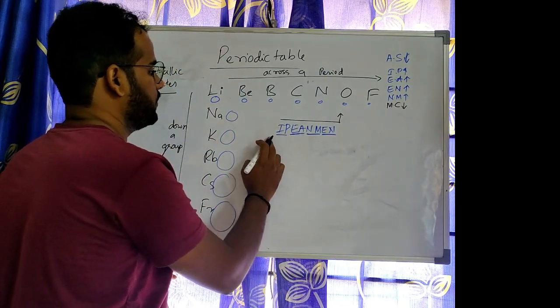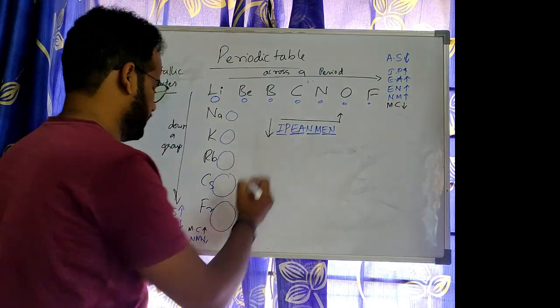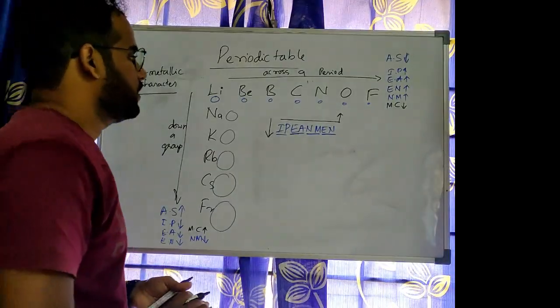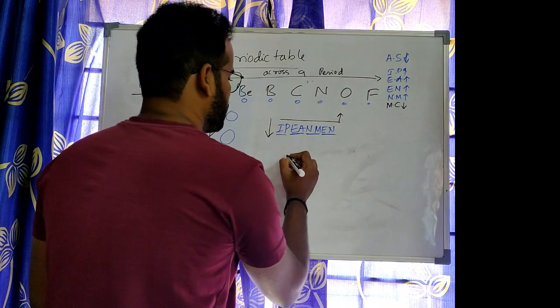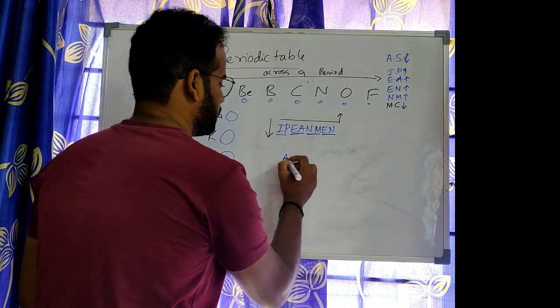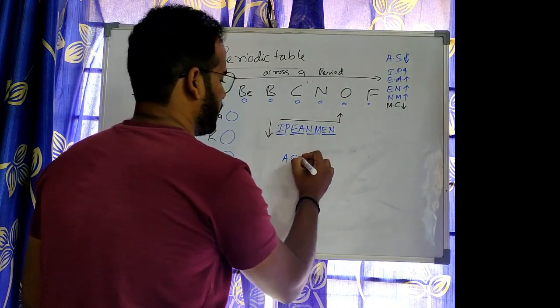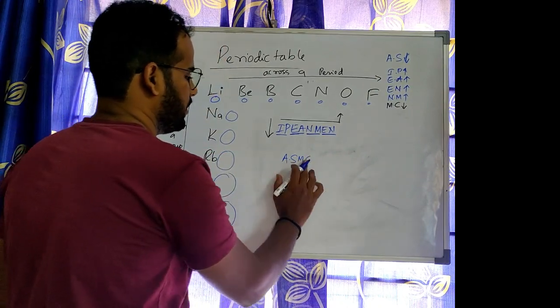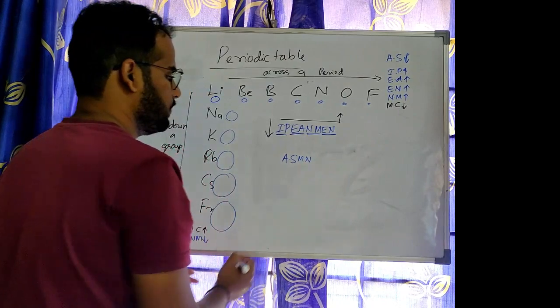Down the group they will decrease. So what are left? Atomic size and metallic character. You can remember atomic size and metallic nature.